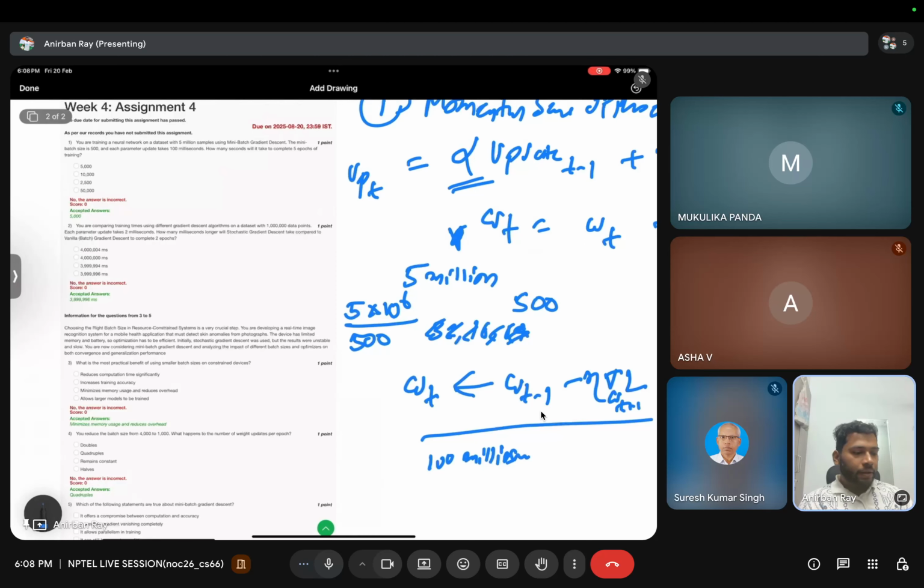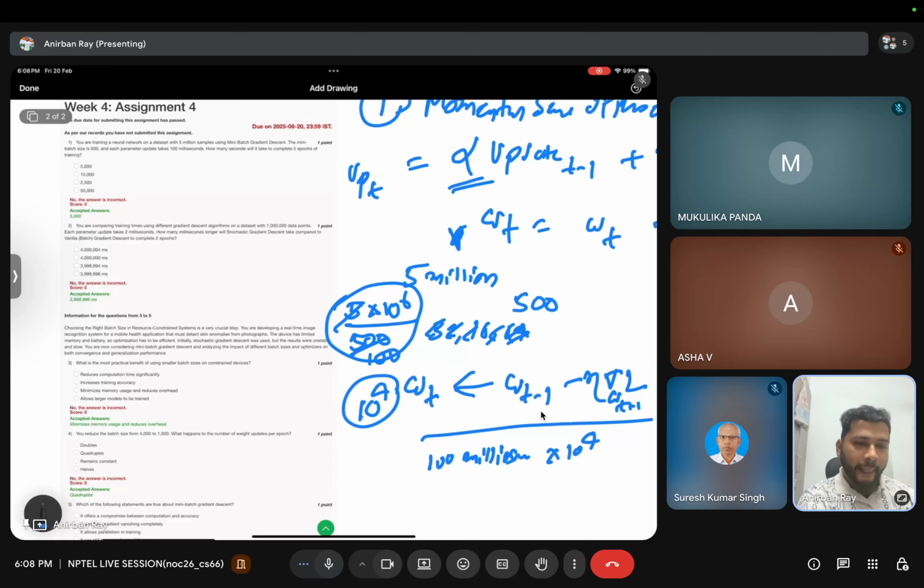The gradient of each sample inside the batch is first accumulated, then the update is made. So the number of gradient updates is 10 to the power 4, and each update takes 100 milliseconds.